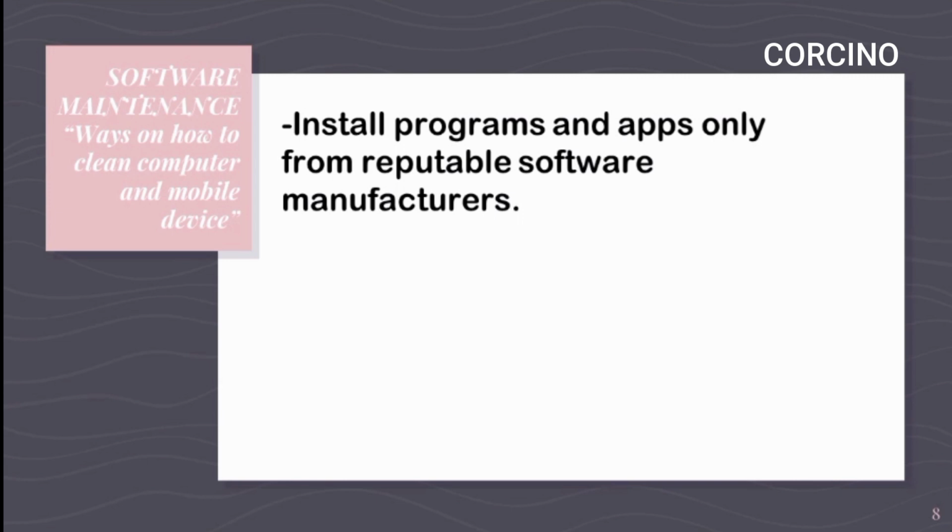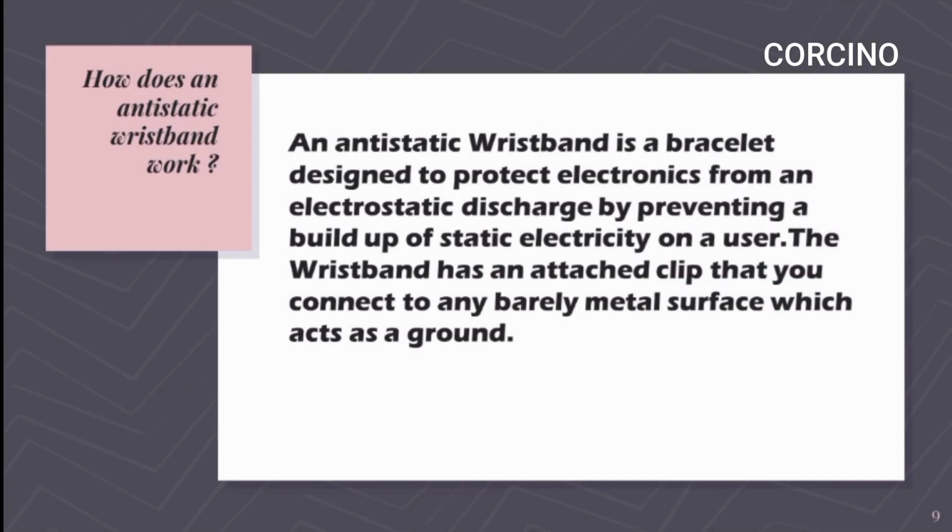You also should read reviews of programs and apps before you download or install them to make sure the program or app will meet your needs. Dapat pag i-install kayo ng apps, dapat i-assure nyo na legitimate yung ini-install nyo. At dapat binabasa nyo yung mga reviews ng mga taong nagda-download na nung app na yun para iwas virus din.